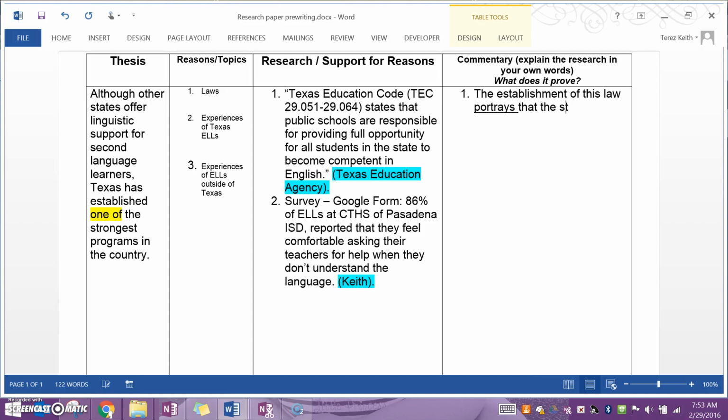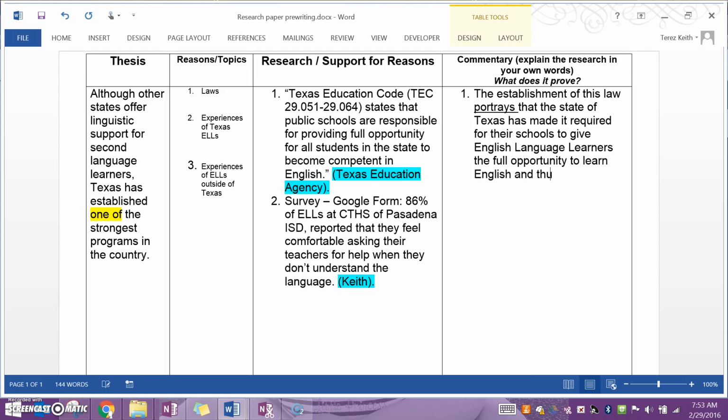Portrays that the state of Texas has made it required for their schools to give English language learners the full opportunity to learn English and thus to excel in their education here in the state.